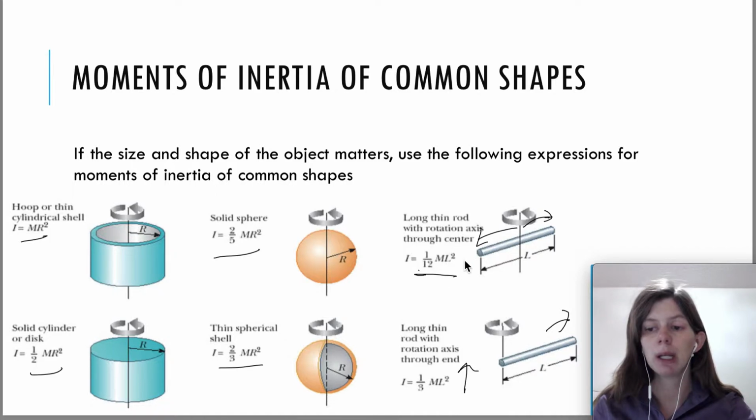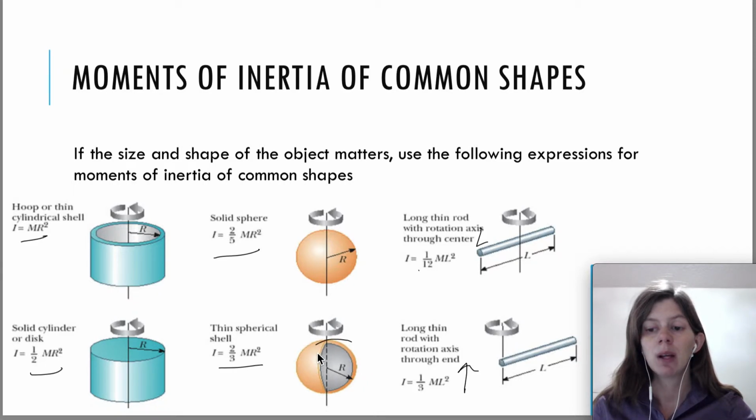So conceptually, I want you to be able to tell me, if you are given several shapes, which one has the higher moment of inertia. We can do the same thing here by looking at the sphere versus a spherical shell. Assuming they have the same masses, which one has mass distributed further away? Well, this is solid, it has mass close and far, but in the shell, all of the mass is far away.